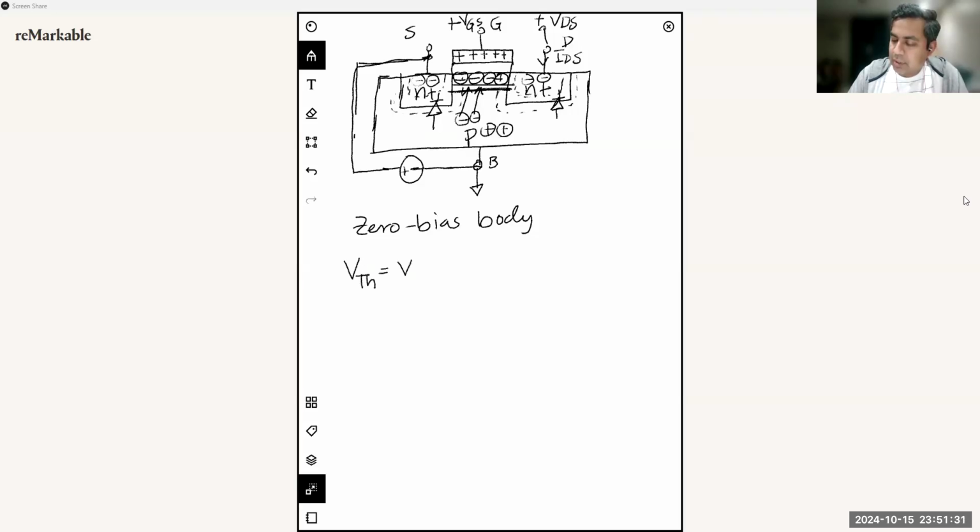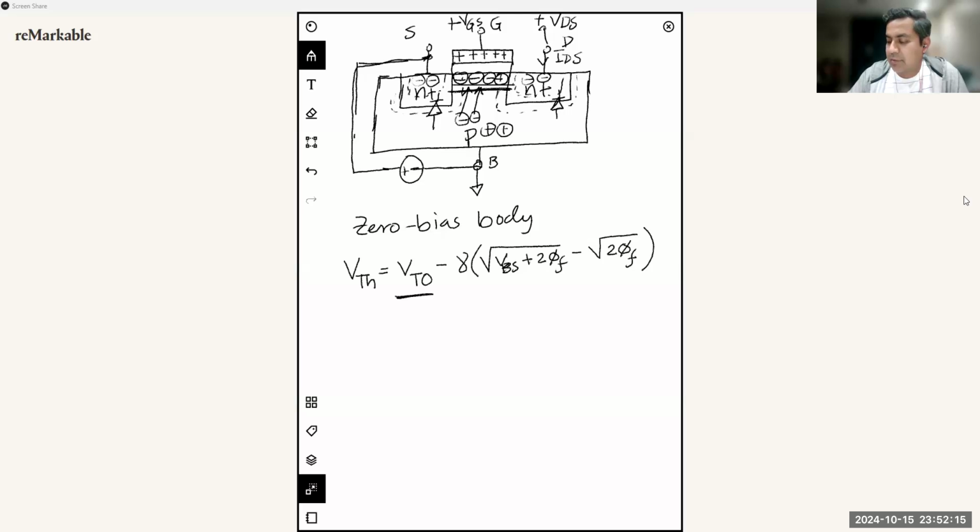V threshold is VT0 minus gamma, bracket open, root over VBS plus 2 phi F, minus root over 2 phi F, bracket close. So you can see from this equation, as long as this VBS is 0, the second term here is 0. So you get the zero bias threshold voltage, which is VT0.